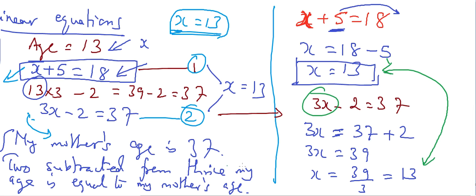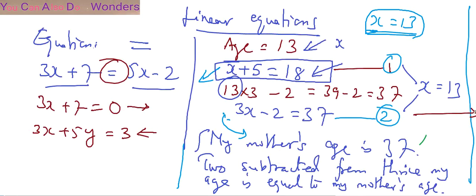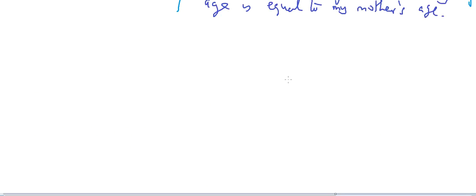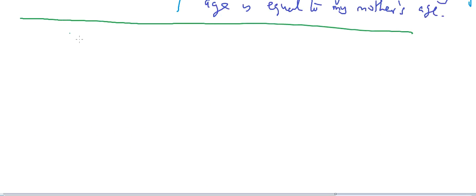Okay, let's see some more examples. Okay, 5x minus say 3 equal to 4x minus 5.